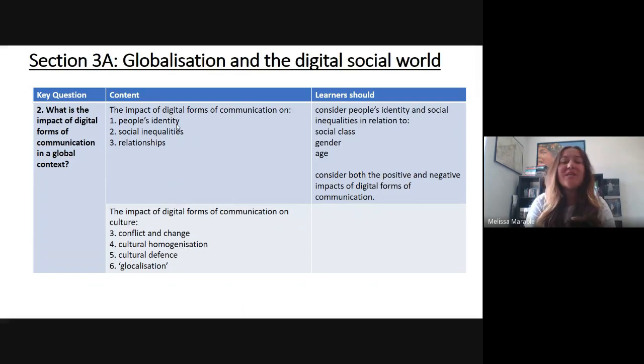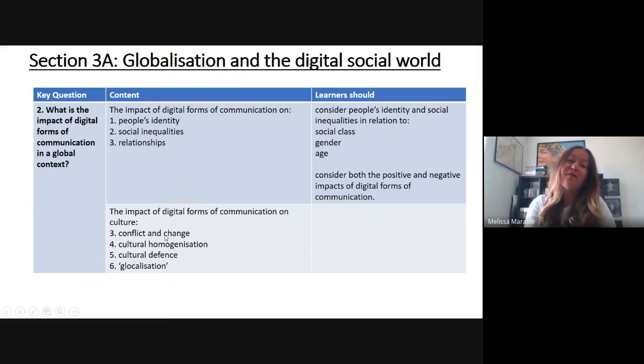There's something called Twitter-related conflict, and someone did a study to find out the amount of marriages that have led to divorce due to people's usage of Twitter. So these are all brand new things that 50 years ago, this was never a problem. We'll be then looking at in relation with social class, gender and age, and looking at positive and negative impacts.